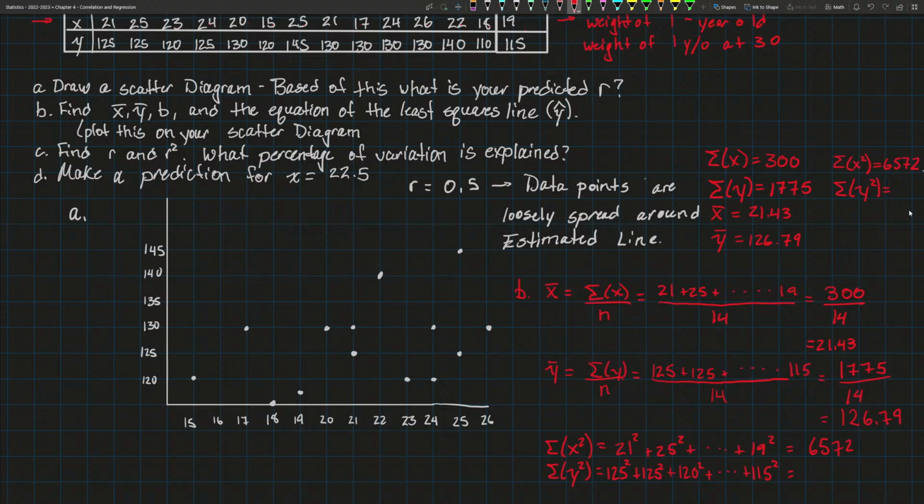So 125 squared plus 125 squared plus 120 squared plus 125 squared plus 130 squared plus 120 squared plus 145 squared plus 130 squared plus 130 squared plus 130 squared plus 130 squared plus 140 squared plus 110 squared and plus 115 squared. And when we do that, we get 226,125.